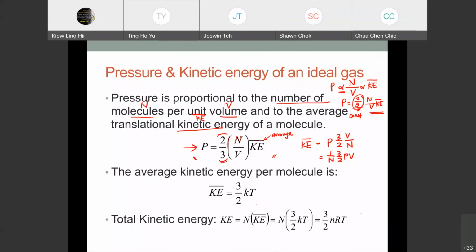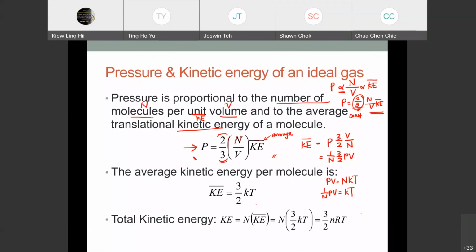Okay, so from our PV equals to NKT, move your N to the other side. 1 over N PV, isn't it equal to KT?